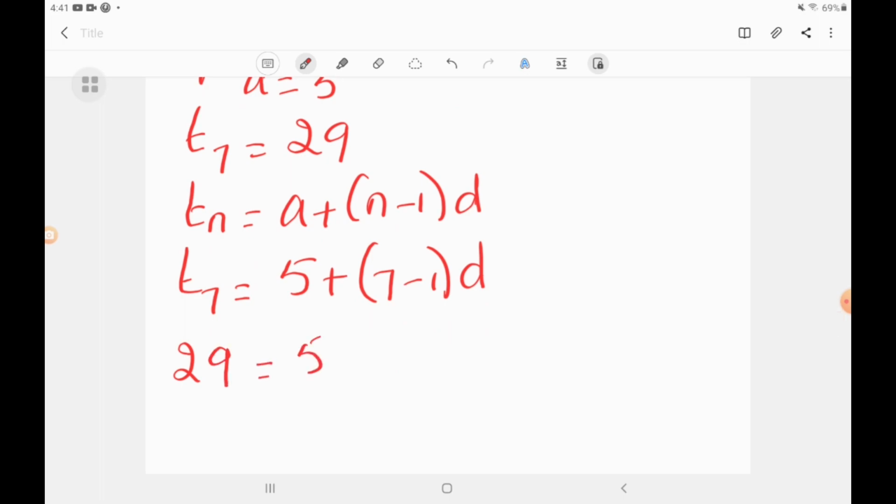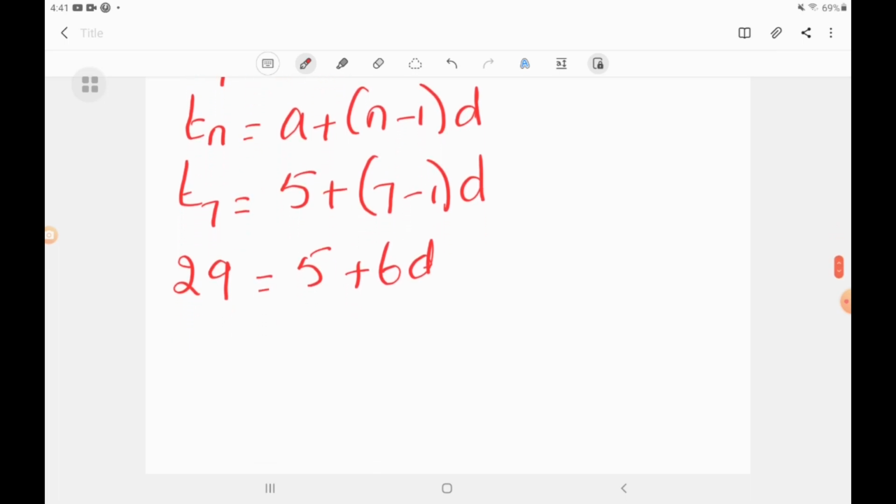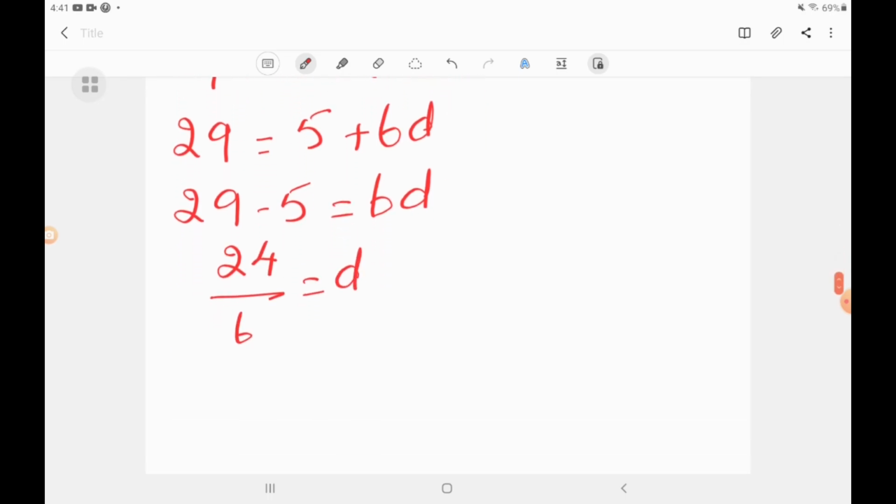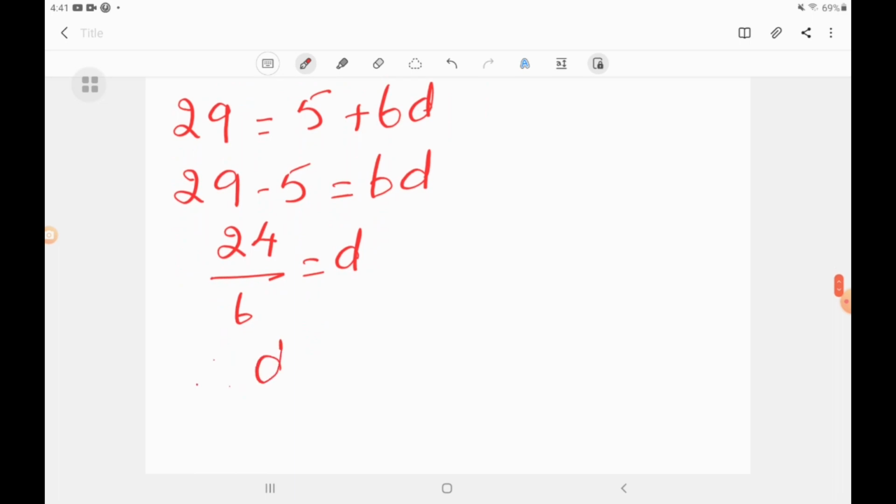So 29 is equal to 5 plus 6d. From here, we can solve for d. 29 minus 5 is equal to 6d. 29 minus 5 is 24, and 24 divided by 6 will give you d. So therefore, we have d is equal to 4.